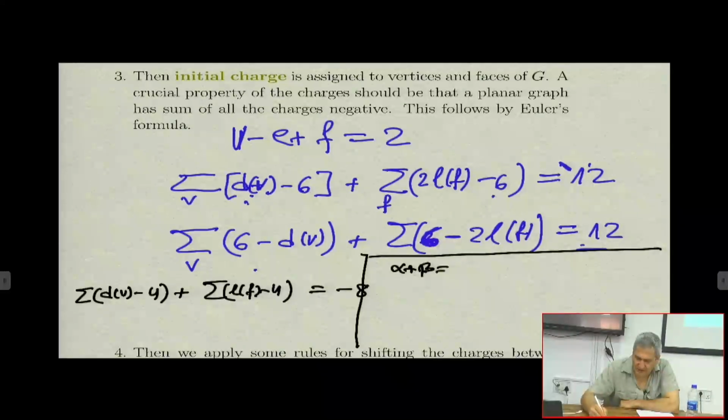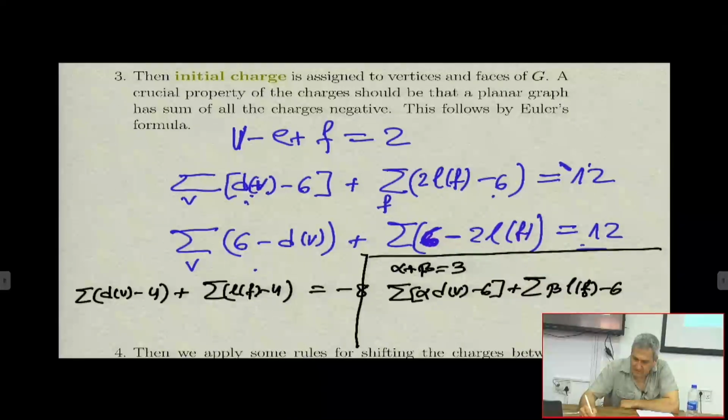Let alpha plus beta be 3. If you take alpha is 1 and beta is 2, you get this one.